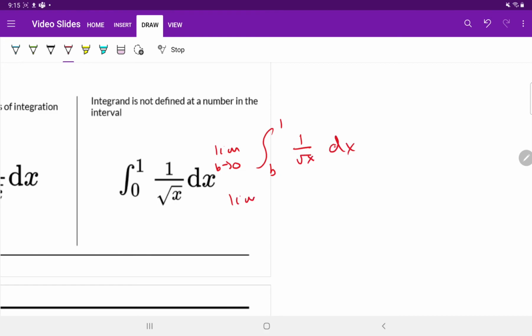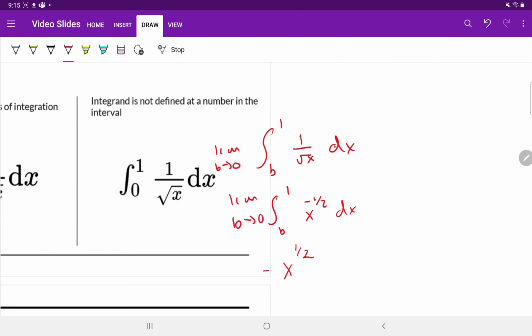Just to make my life easier, I'm going to rewrite the square root of x as x to the 1/2, with a negative exponent. The antiderivative of that is going to be x to the 1/2. I don't see a 1/2 in front, sorry, this is my antiderivative.